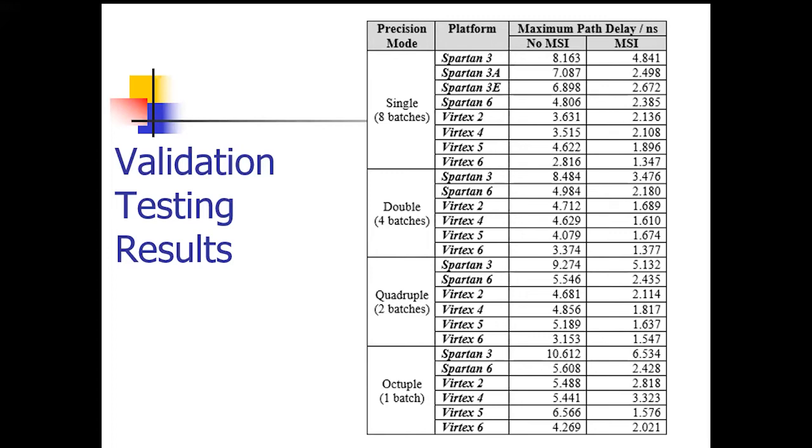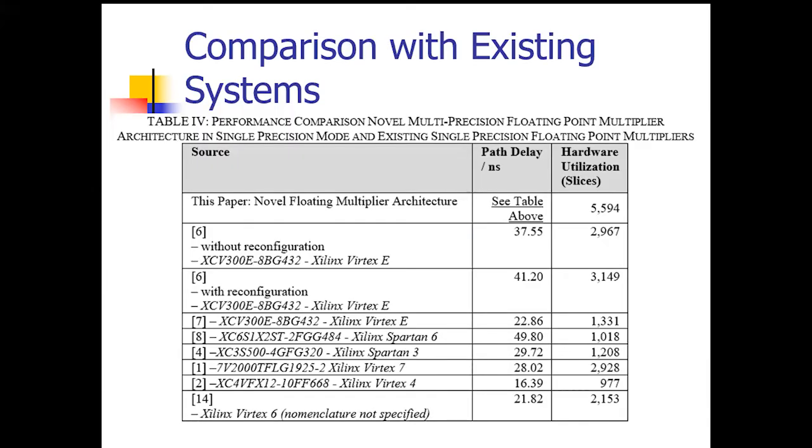Now, I compared these values with existing systems we explored in the literature review, and my system outperformed those existing systems. The path delays for my system, for instance, this is a single comparison with existing single precision systems. For instance, number 6, done on the XCV300E Xilinx Virtex-E platform, is 37.55 nanoseconds.